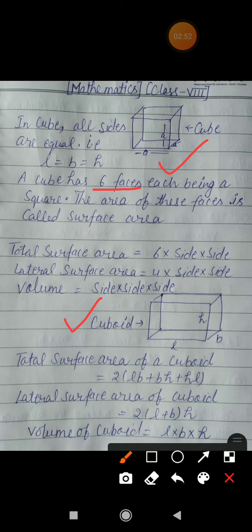In a cube or cuboid, that wall is known as a face. So how many faces does your room have? You can say only four faces, because there are four walls in your room.